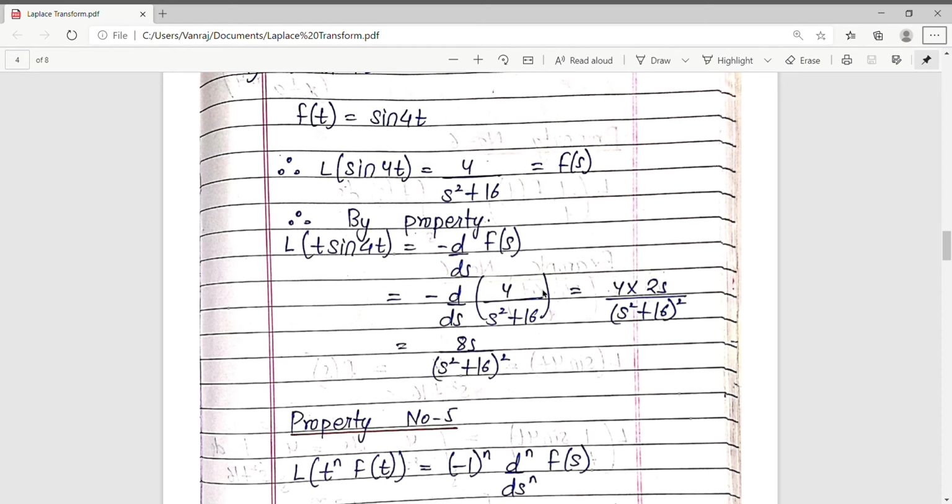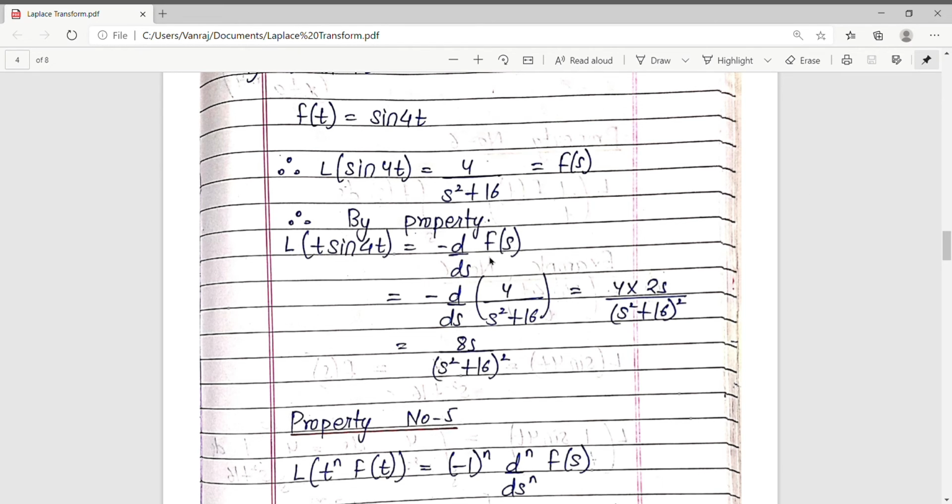So the derivative of 1 upon s square plus 16 is minus 1 upon (s square plus 16) whole square, into the derivative of s square, which is 2s. The minus minus cancels, so there is no negative sign here. So 4 into 2s upon (s square plus 16) whole square. Our final answer is 8s upon (s square plus 16) whole square.